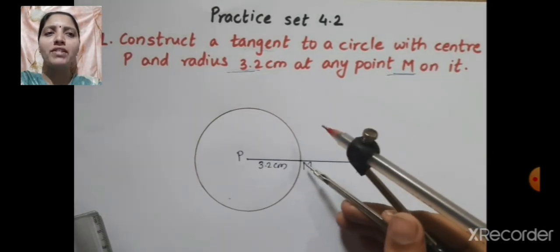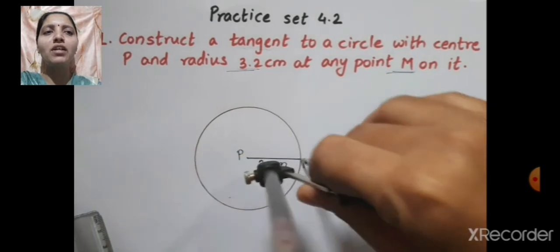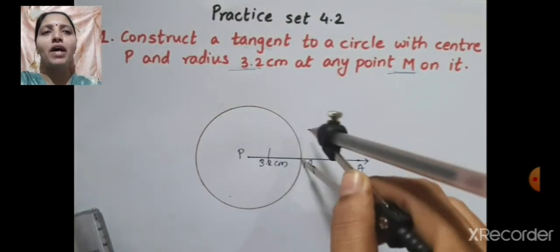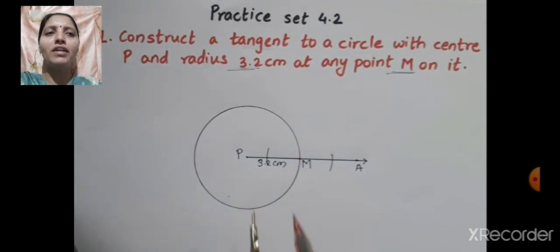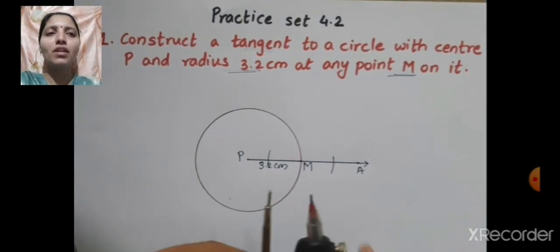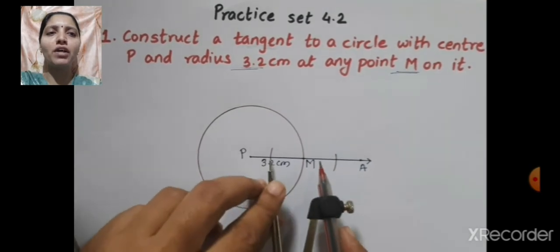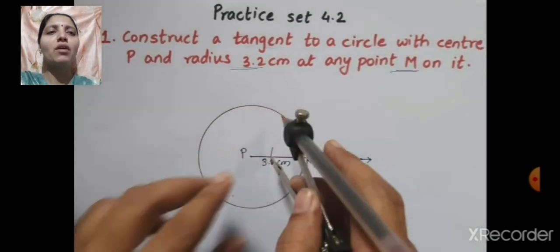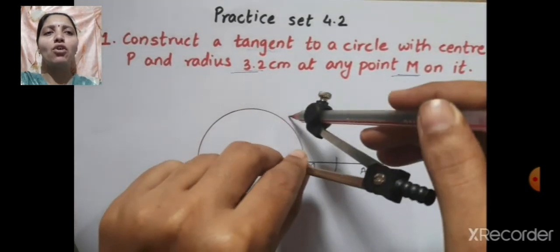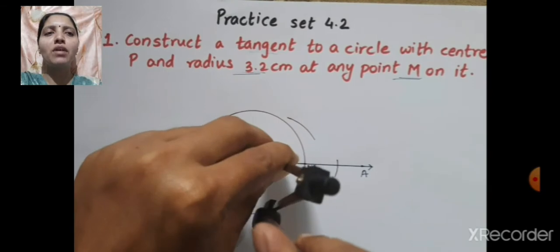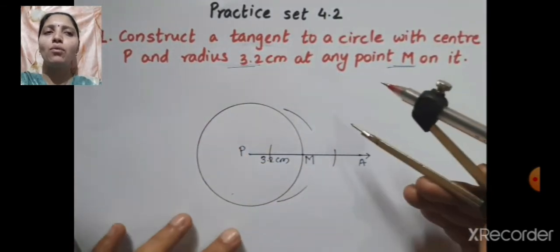Now I have to bisect this ray PA with the help of the compass. How will you bisect it? Put the pointer on point M, and make 2 markings on ray PA like this. Now you have to take more than half the distance between these 2 markings. Put the pointer on the first marking and draw one arc above and below ray PA.